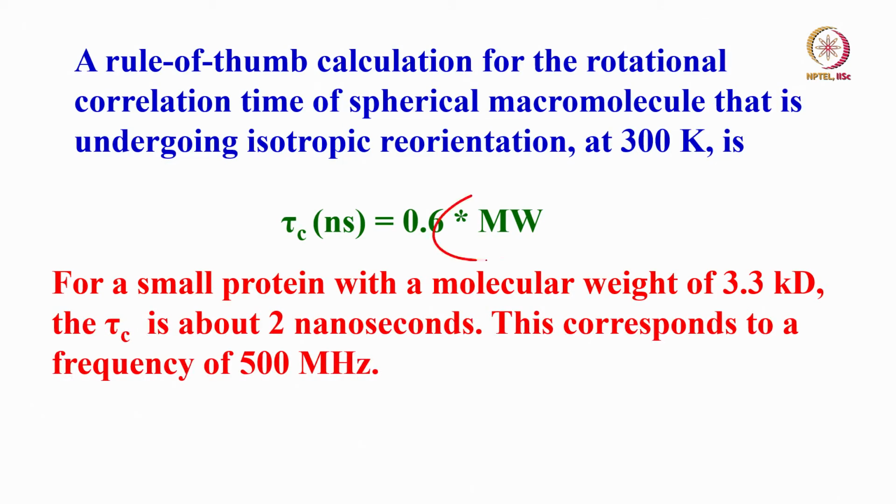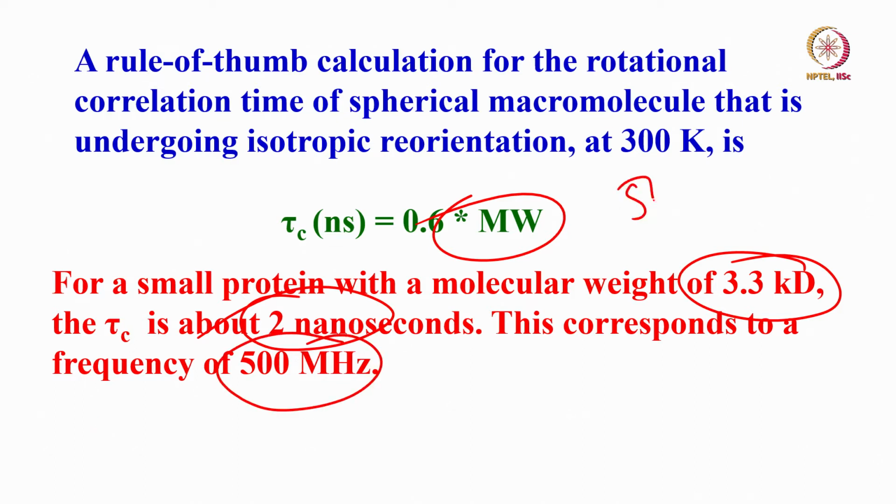For a small molecule, let us consider a molecular weight of, let us say, 3.3 kilodaltons, and we found tau c is about 2 nanoseconds. Simply calculate this. This corresponds to 500 megahertz. On a 500 megahertz spectrometer, W1 is dominant.